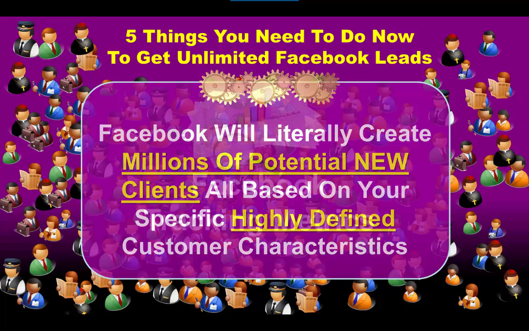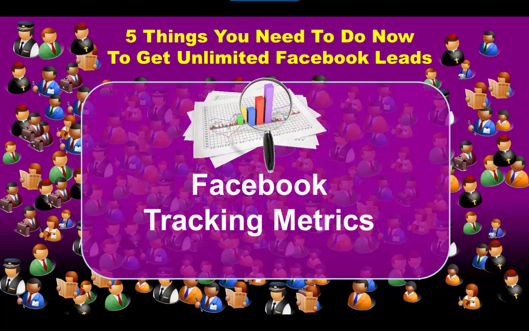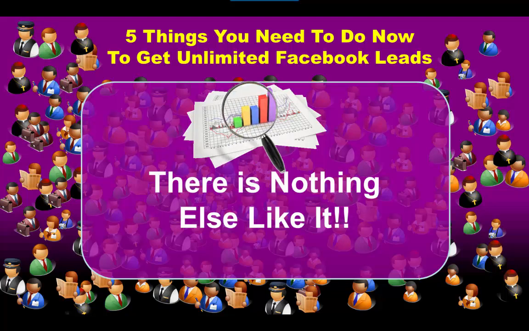But that's not all. The other big problem is tracking the effectiveness of your advertising campaigns. And through Facebook, you can track your marketing effectiveness through hundreds of various different tracking metrics. There is nothing else like it.